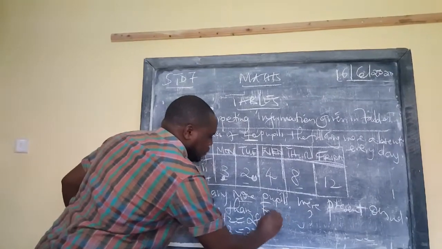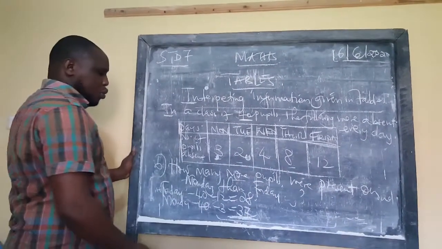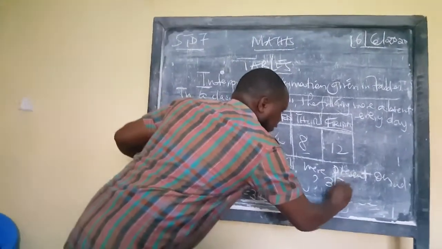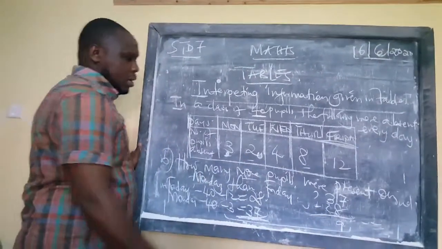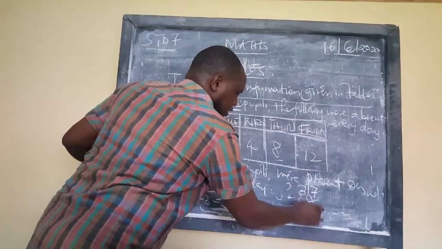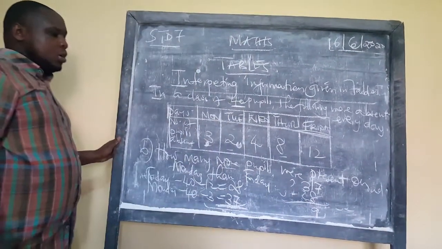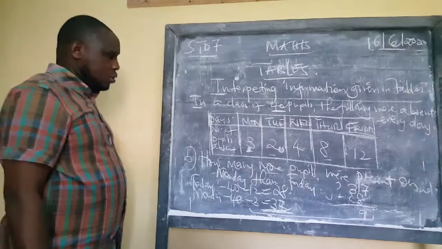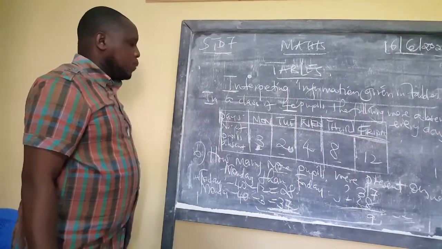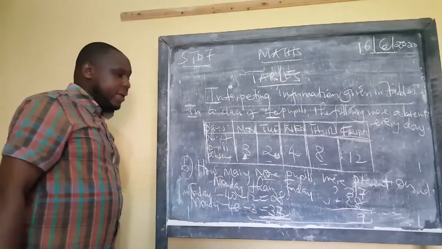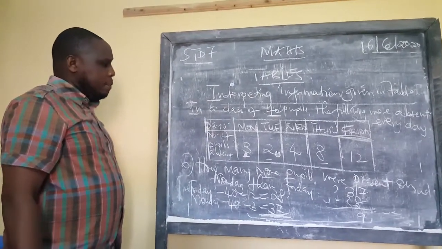So you get the difference. We get that 37 minus 28. That is going to give you 9. So 9 more. So those who were present on Monday were superseding the number on Friday by 9.